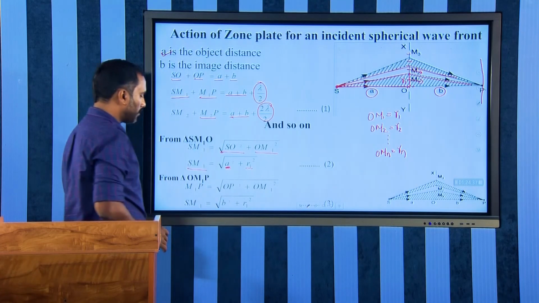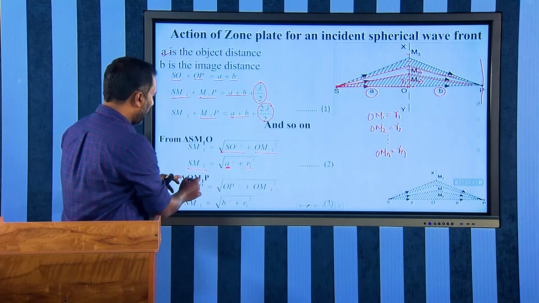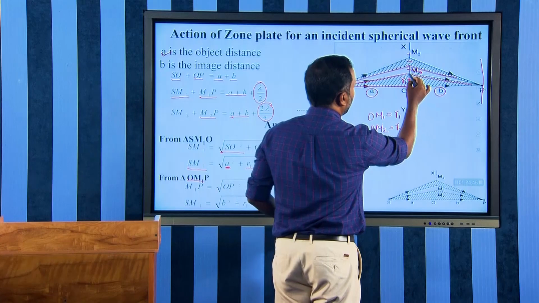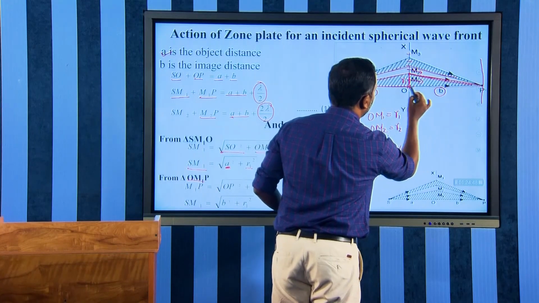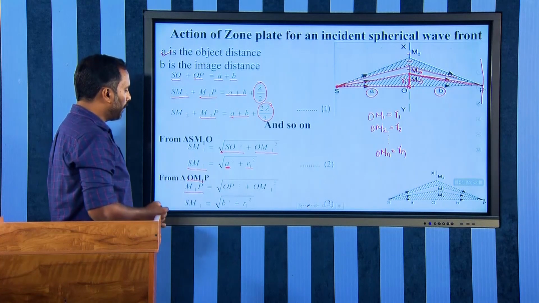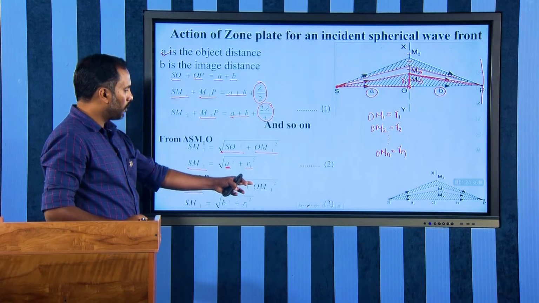Similarly, on the other side, OM1P is a right angle triangle, with O here and M1 here. So, from this right angle triangle, M1P can be written as the root of OP square plus OM1 square.